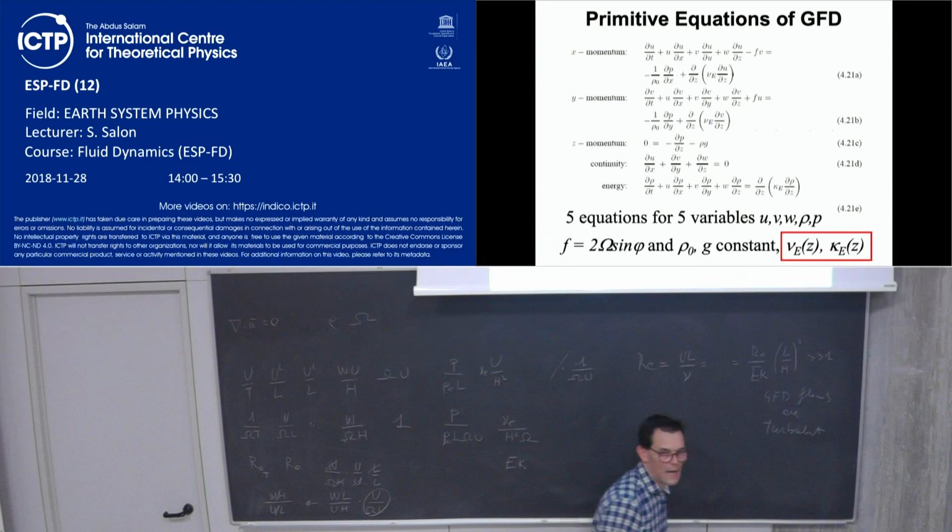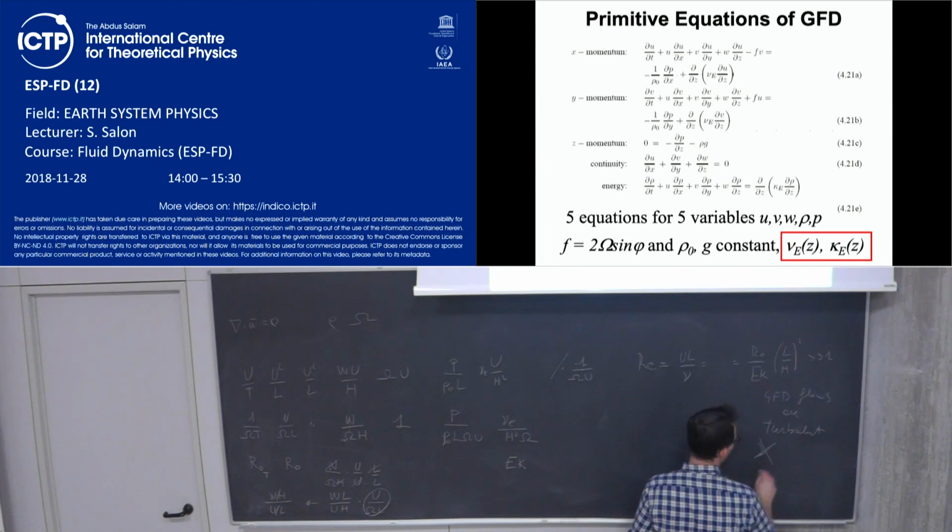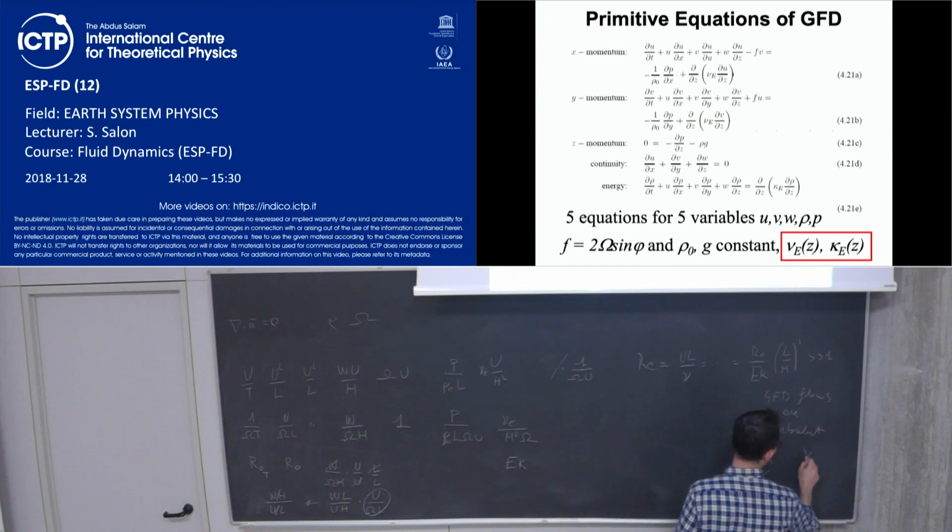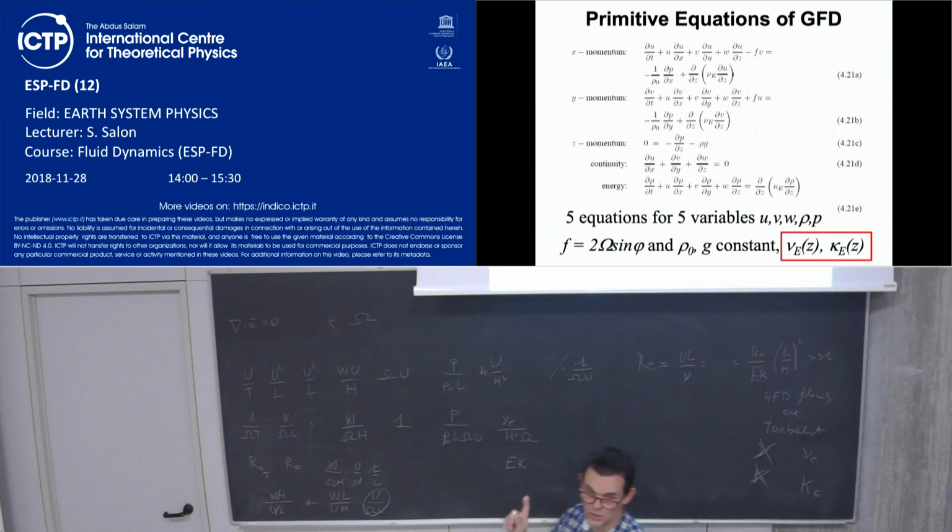And this is sort of a justification of the fact that we no longer use the molecular constant, but we use the eddy function. Because don't forget, eddy diffusivity and eddy viscosity are properties of the flow, not of the fluid, and are functions of the flow, as for example in this case.